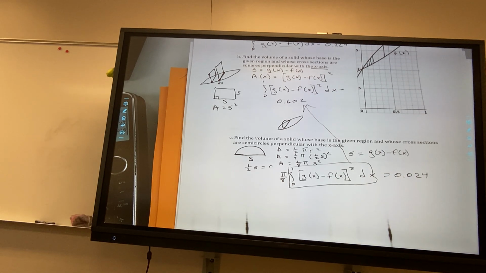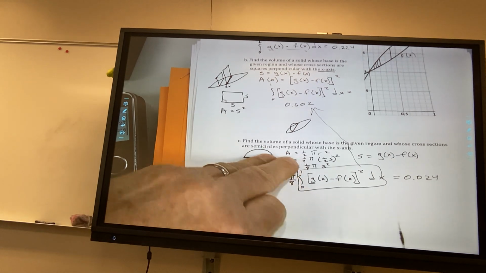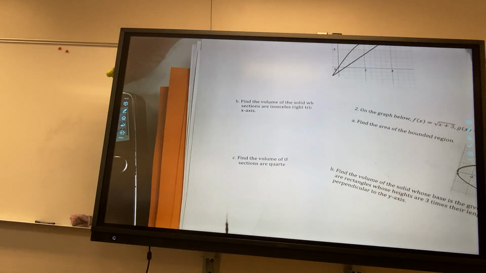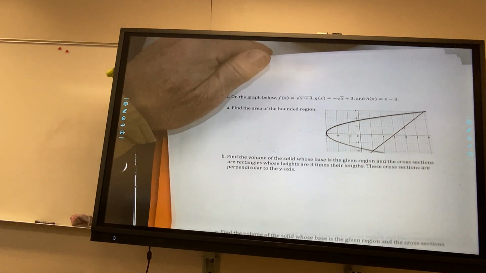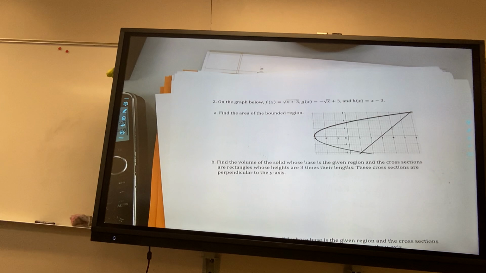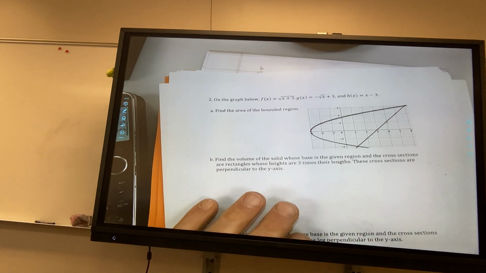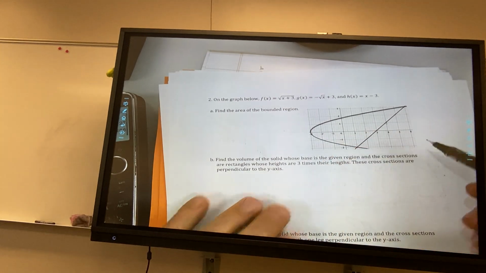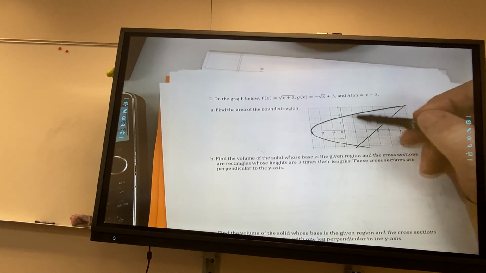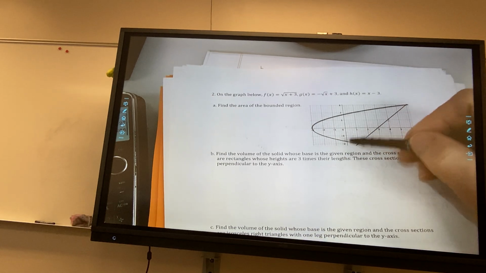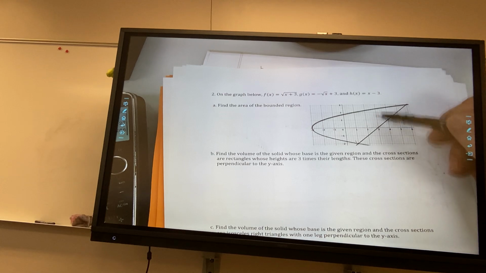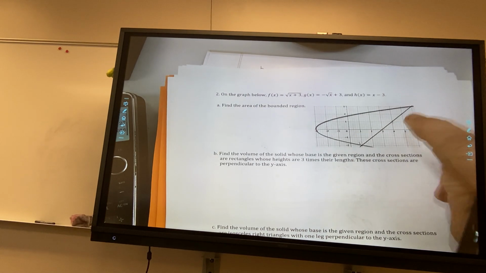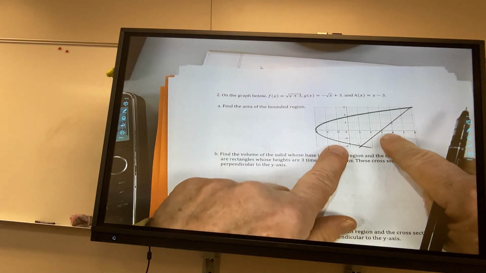Is this a pretty good review? Are you doing okay on this? Okay. So then, sometimes I can give it to you like this. So, if I were to go this way, I could have an integral going this way, but I would need a different integral going this way because this equation's different than that equation.